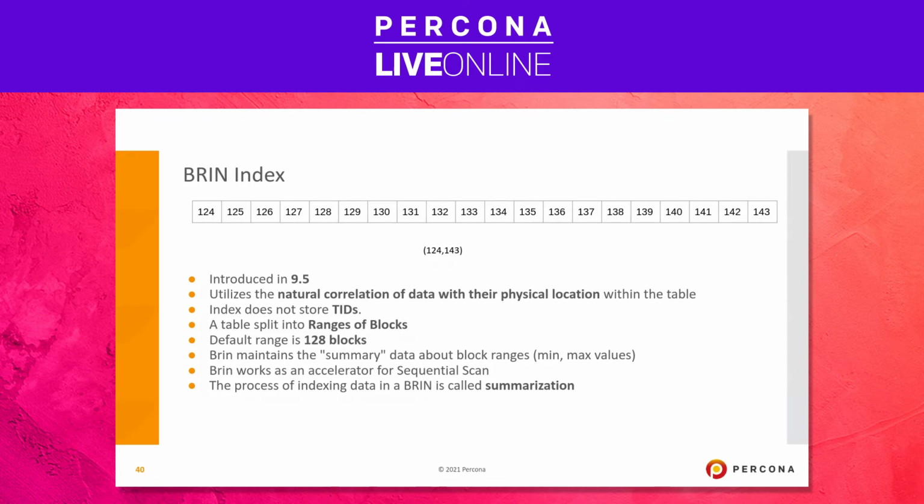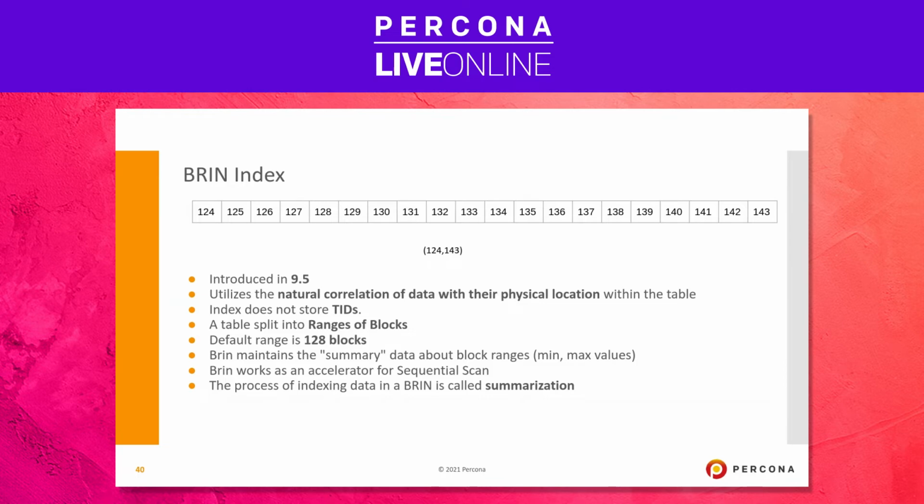This concept was introduced in Postgres 9.5, and it utilizes the concept of natural correlation of data with their physical location. So the data is stored in an incremental or decremental fashion, and we can have a range of values.